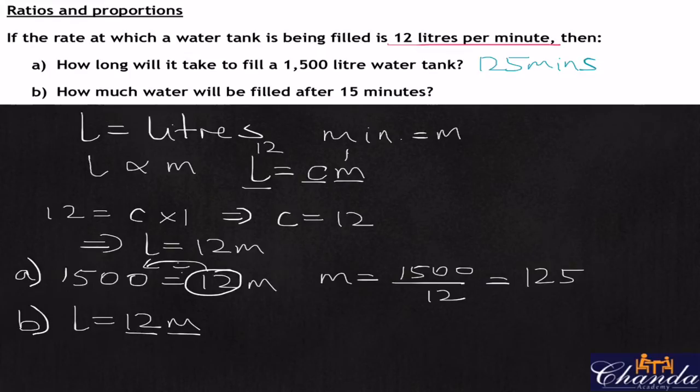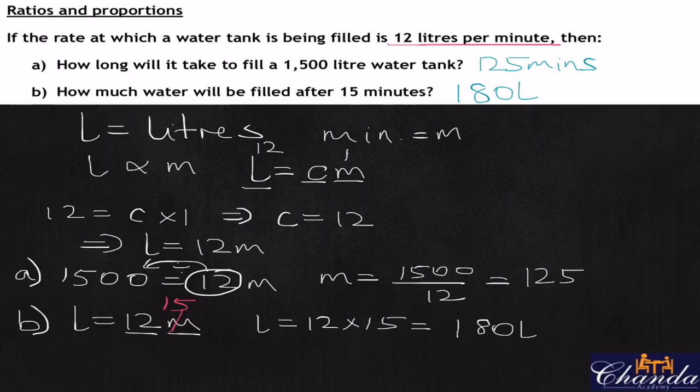All we have to do is replace the M with a 15. So L is equal to 12 times 15, which is equal to 180 liters. That would be 180 liters.